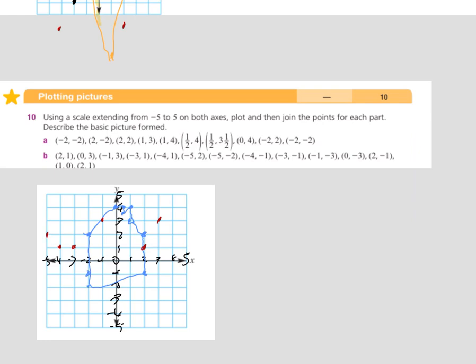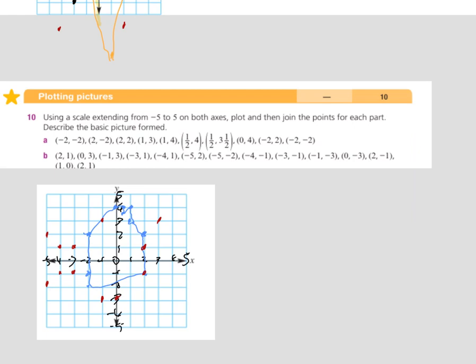Minus 5 and negative 2. Minus 4 and negative 1. Minus 3 and negative 1. Minus 1 and negative 3. 0 and negative 3. And 2 and negative 1.